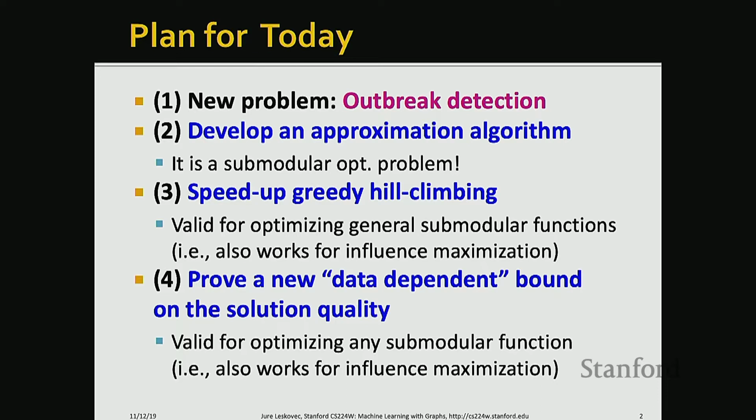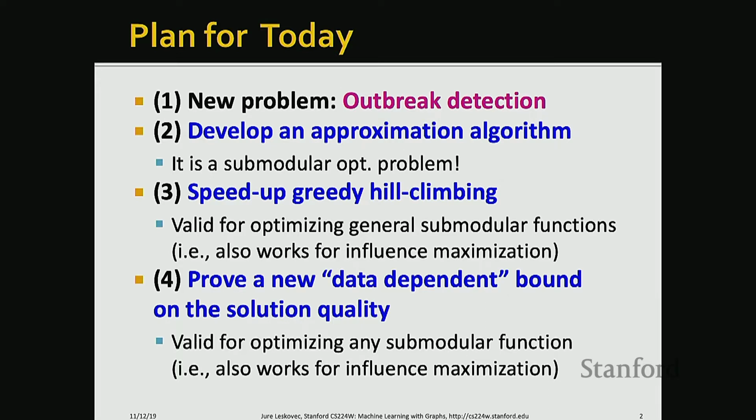What we did on Thursday was that we showed that for optimizing non-negative submodular functions, the greedy hill climbing algorithm gives us this 63% optimality guarantee, so a 1 minus 1 over e guarantee of the quality of the optimal solution. Notice that that bound was data independent. It basically said, however ugly, however adversarial the data you get, greedy will work at least this well.